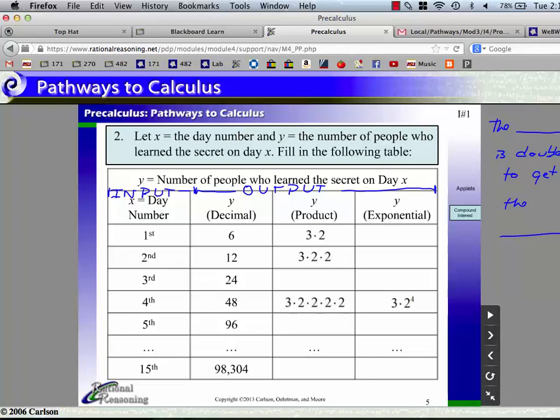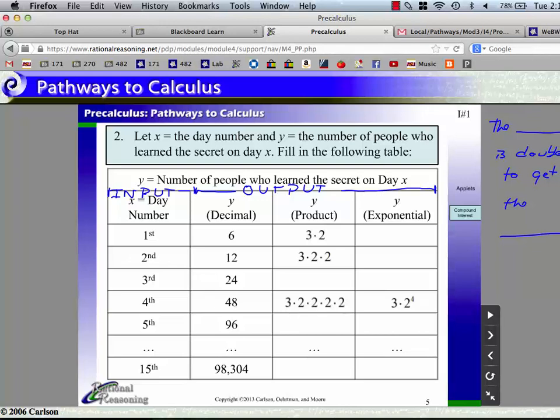Okay, so this Jared right here. What do you think? What did you guys talk about? What is getting doubled to give you what in terms of input and output? The number of people that already know are being doubled to get the number of people that learn. Okay? Right, and so how could you say that in terms of input and output? Not sure.